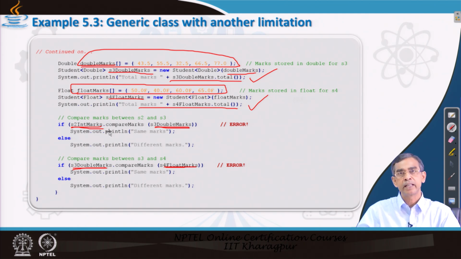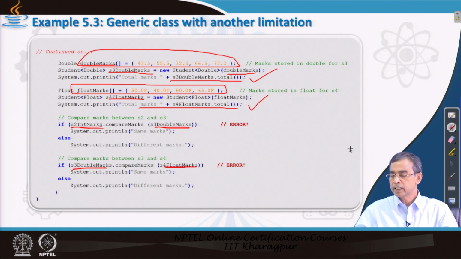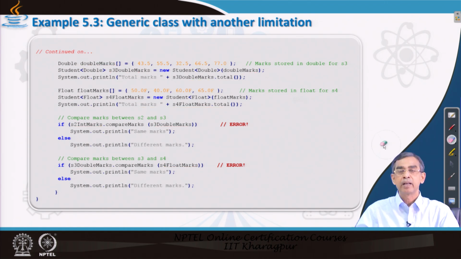In the earlier definition of compare marks, it is supposed to have the same type for which we are calling and for which we are sending. That is why the problem, the type mismatch.